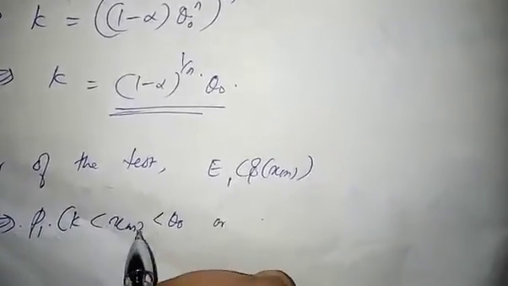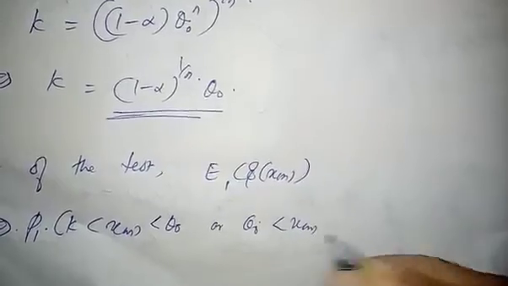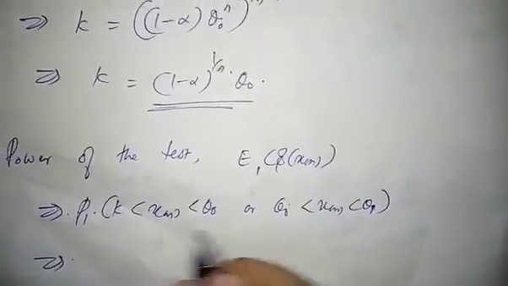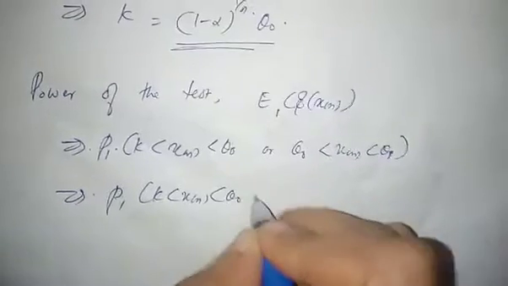The probability of k less than xn less than theta naught, or theta naught less than xn less than theta 1, which implies the probability under h1 of k less than xn less than theta naught plus the probability under h1 of theta naught less than xn less than theta 1.